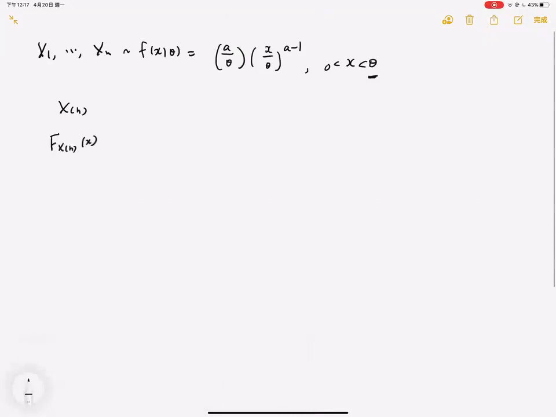Then I'm going to derive Xn's CDF, and use the Xn CDF as a pivot to derive upper bound and lower bound. The path for us is this: I do have a CDF, which is a function of theta.